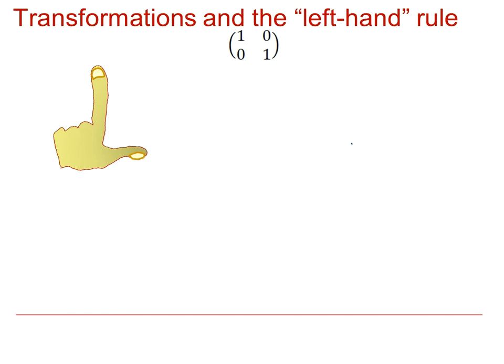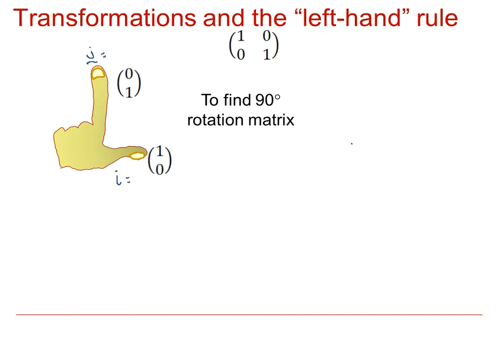Remember that in the left-hand rule, the thumb represents the unit vector i, and the index finger is given the vector j. If we then consider what happens to these in the transformation, so this is going to be a rotation of 90 degrees in a positive anti-clockwise direction, then we can see that i has become (0, 1).